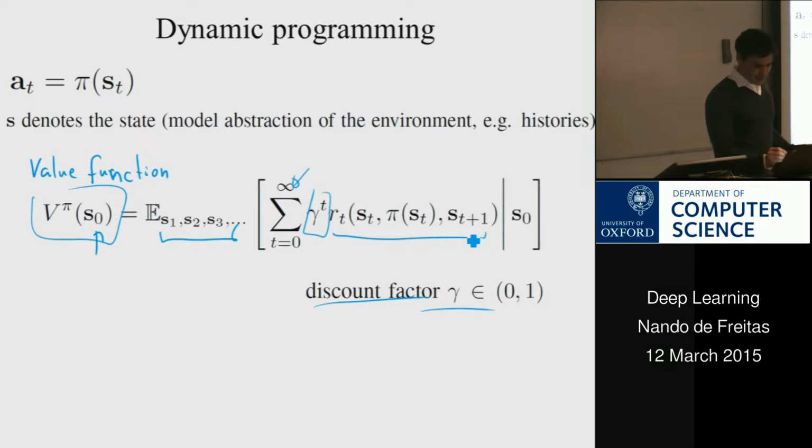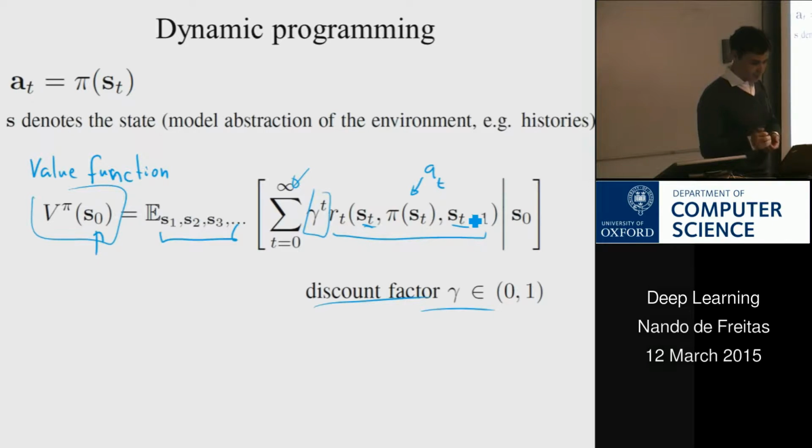To make things easy, I'm going to make the reward depend on the transition. So when I'm in state st and I act according to the policy, I choose action at, and I move to state st plus 1. So I'm in a dynamic environment, I'm in a particular state, I take an action and I move to the next state.